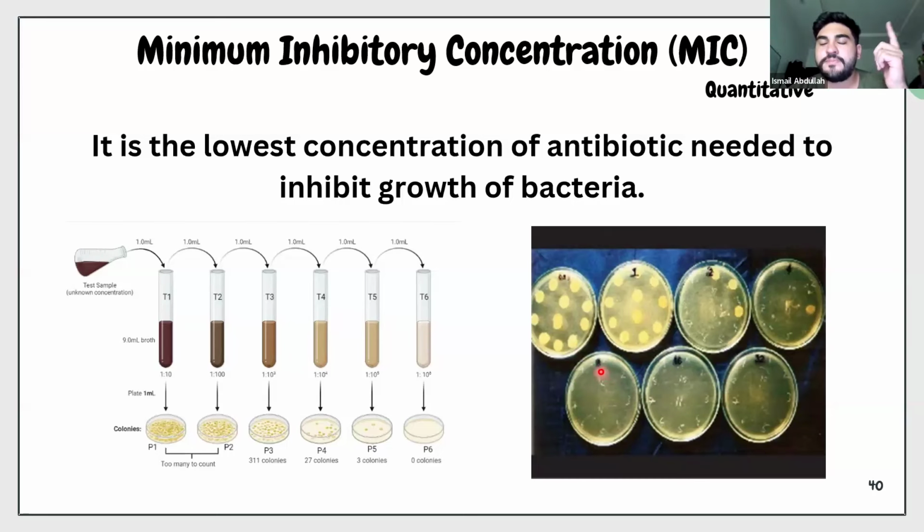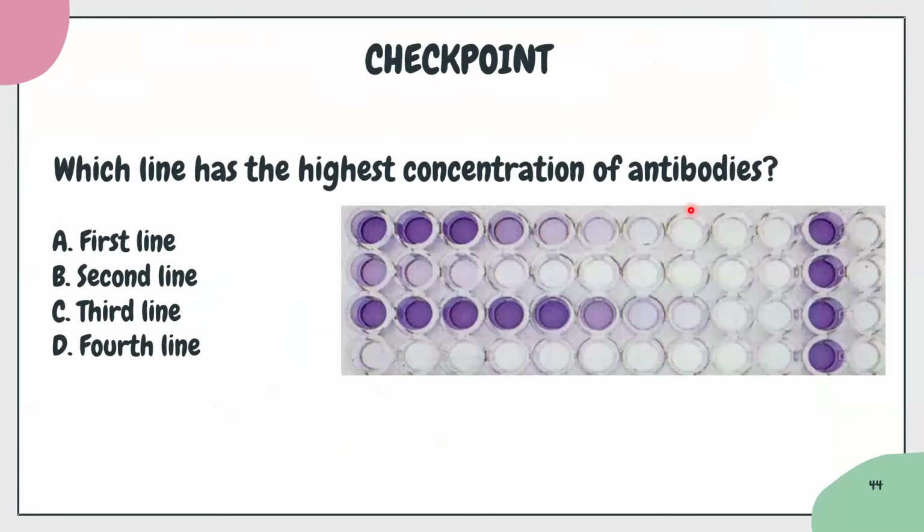The girl who raised her hand earlier, did you also get it? Well, Doctor, in the question you showed a few minutes ago, the one with the 4 lines, which one had the highest concentration? The second line is most effective against the pathogen, right? Because the least concentration is required. Yes, that's a very good way to think about it, and you're right.